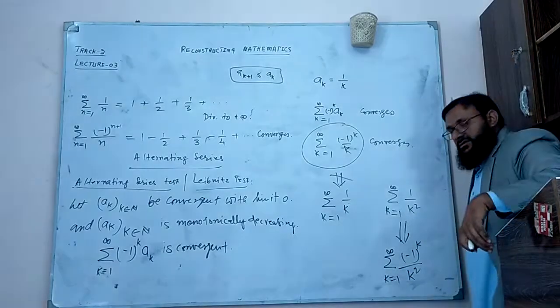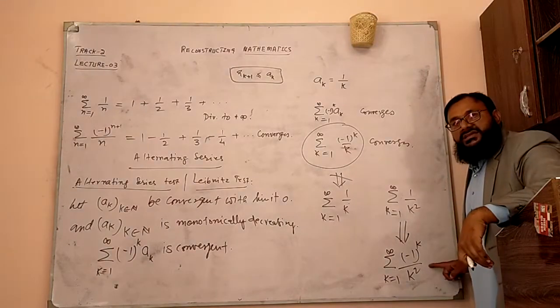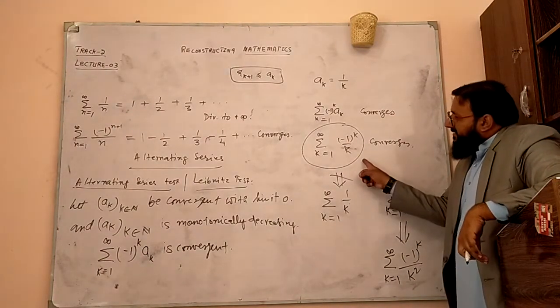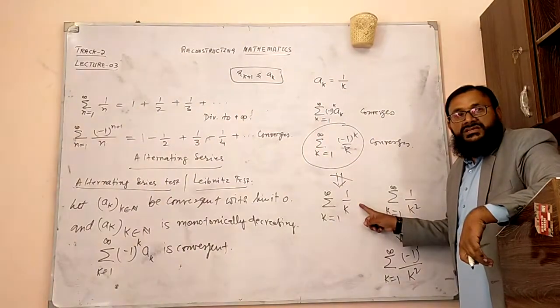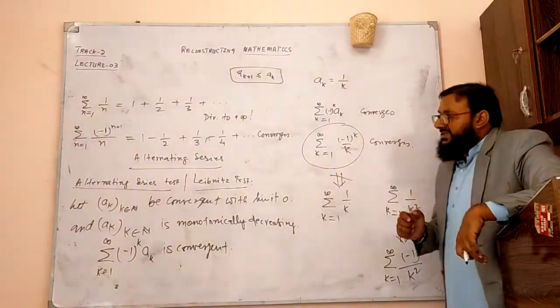If the alternating series converges, this does not imply that the original series will converge as well. You can check the relationship.